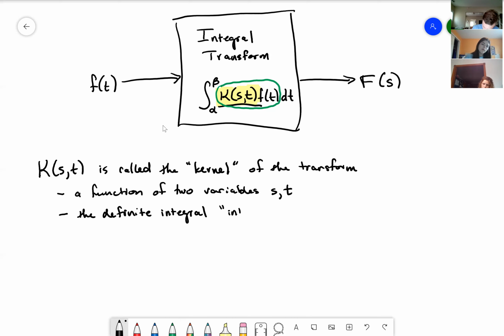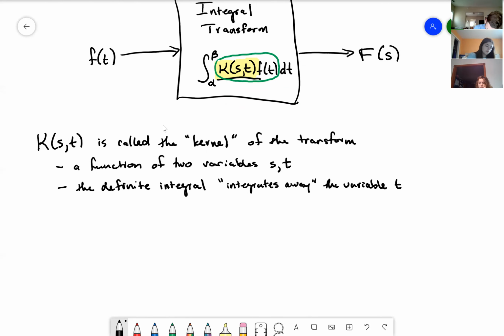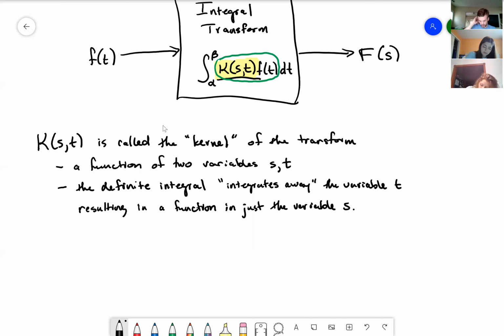We can think of it as integrating away the variable t. After we've performed this definite integral, that variable t no longer exists in the resulting expression. So what we're left with is a function in just the variable s.